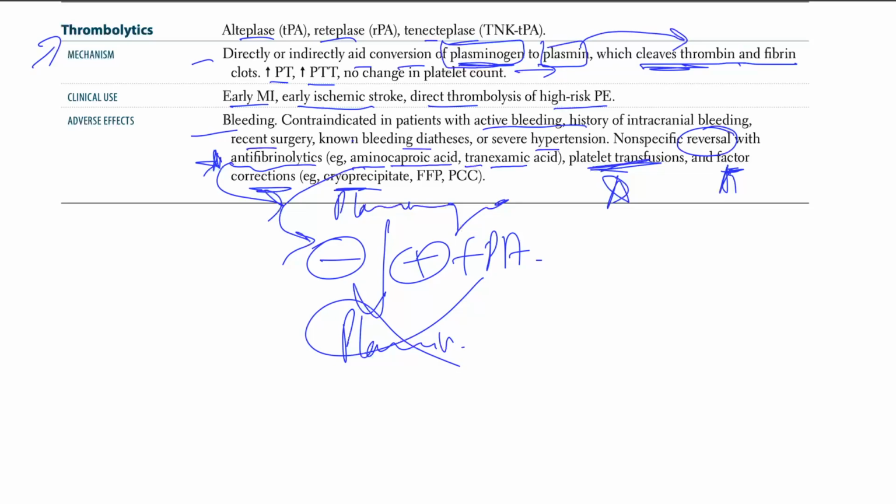plasmin. Here they only mentioned that plasmin is going to cleave thrombin, but plasmin is not just doing that.